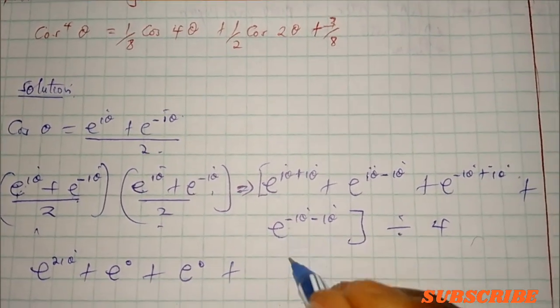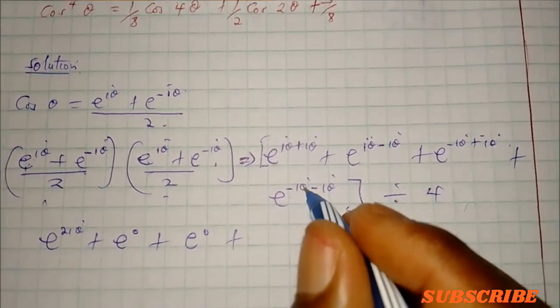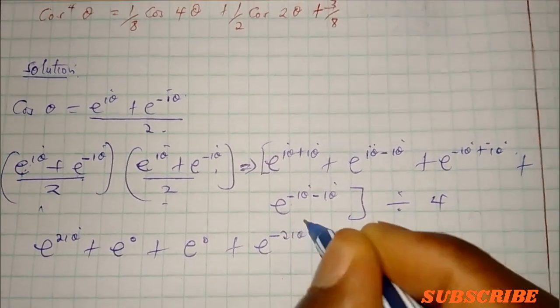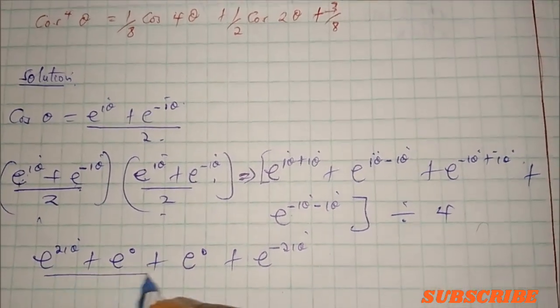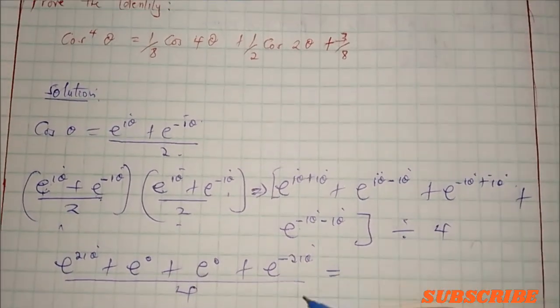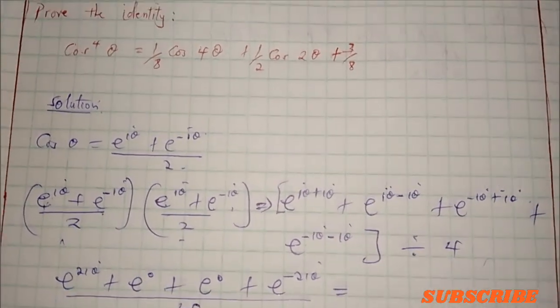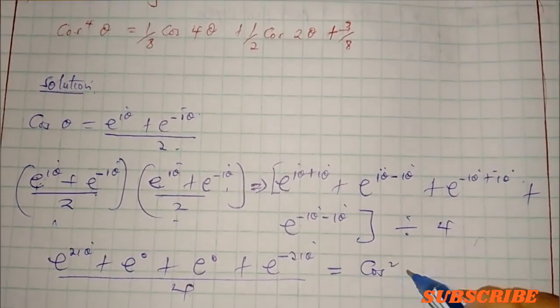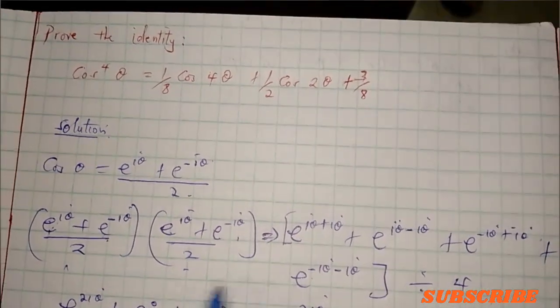Plus negative i theta minus i theta gives e raised to the power negative 2i theta. The whole of this we divide by 4. Remember, this is equal to cos square theta.